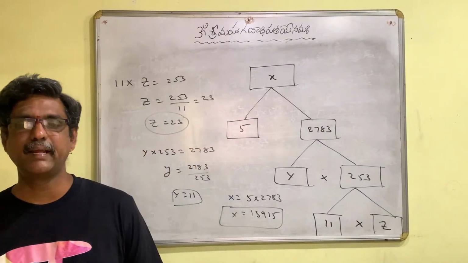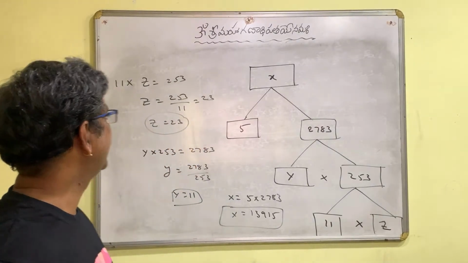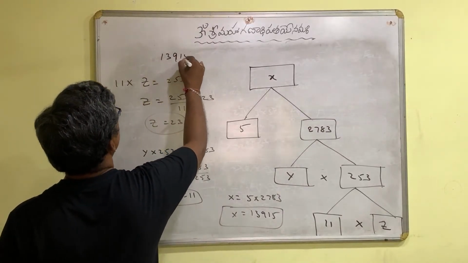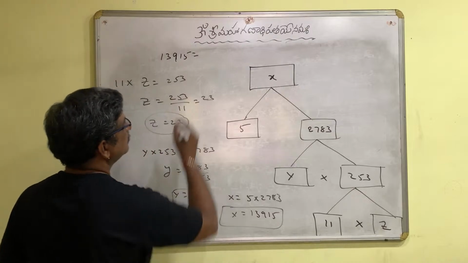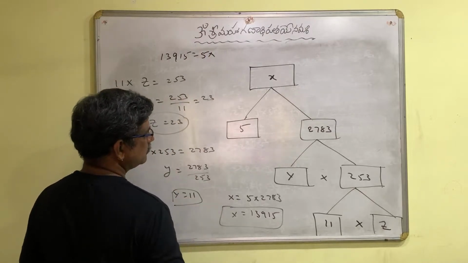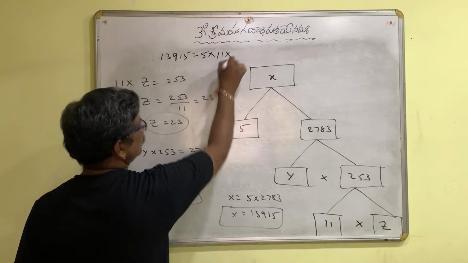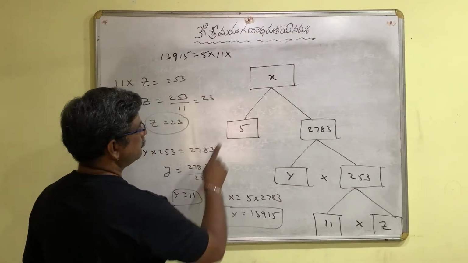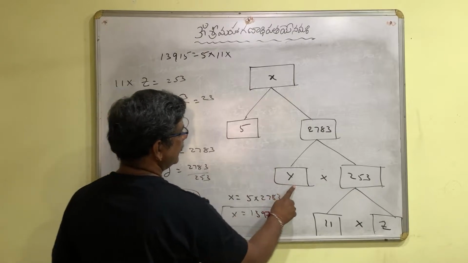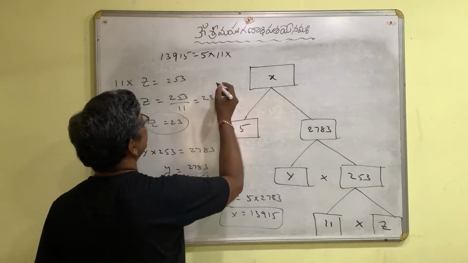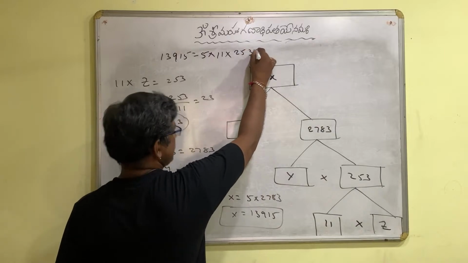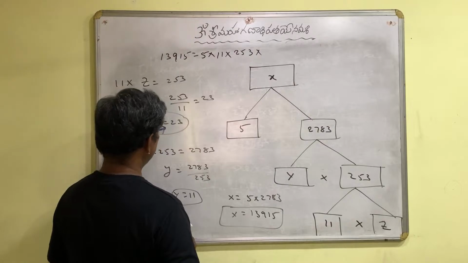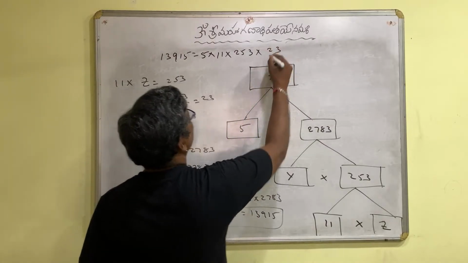See, we can express 13915 as 5 into 11 into 253. 253 into 23.